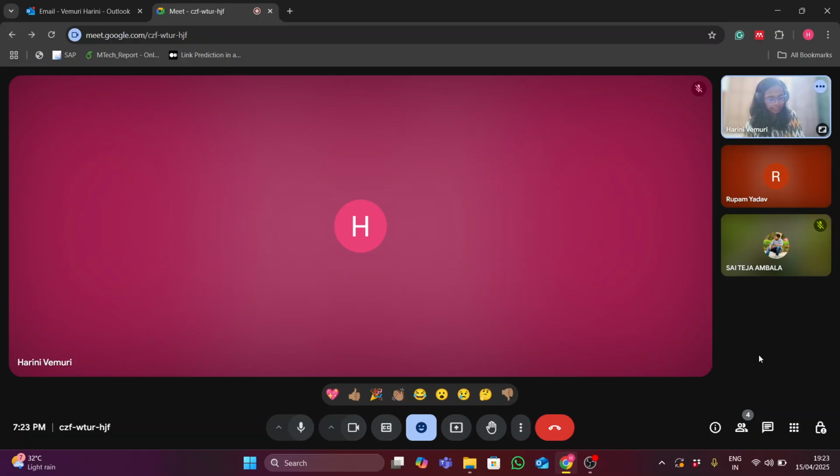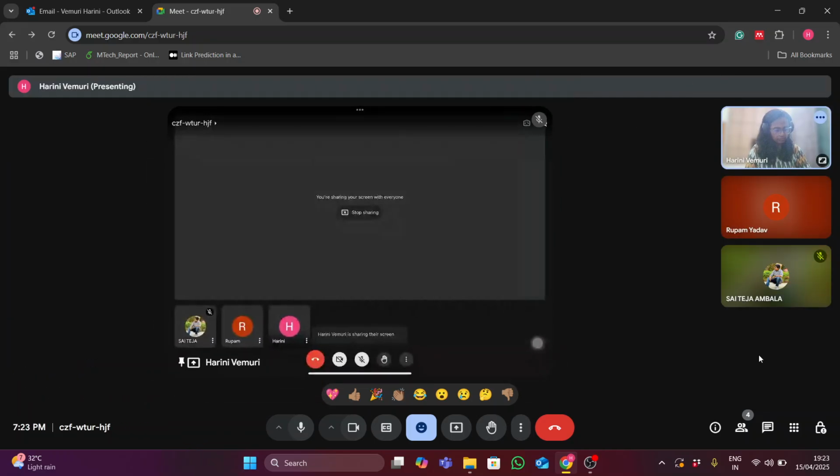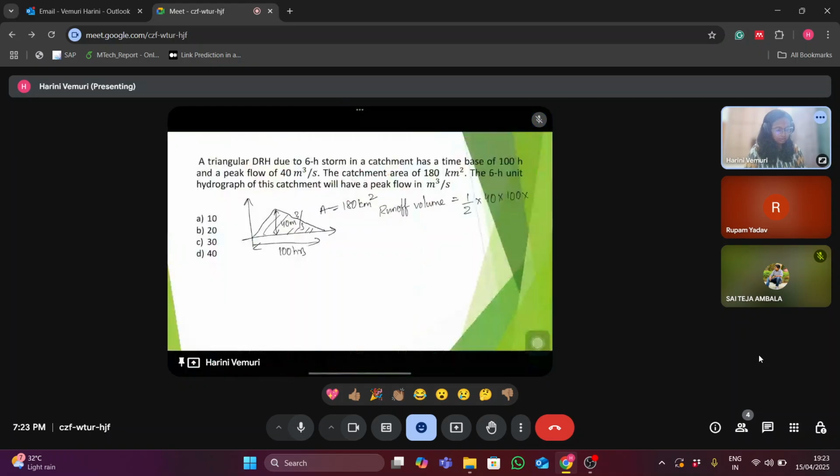Let me share the screen again. Okay. So to convert the time from hours to seconds, we have to multiply by 3,600. So that will be equal to 72 into 10 power 5 meter cube.